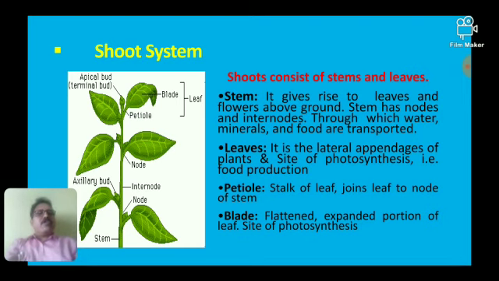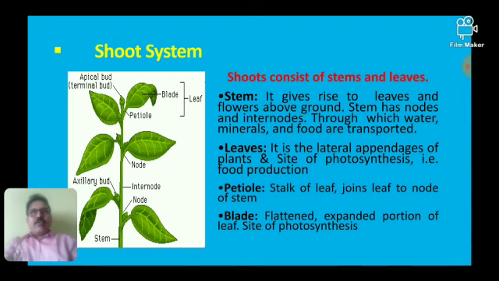They grow by absorbing water and mineral elements from the root, which are transported to the above ground part, into the different parts of the aerial shoots. So leaves are the lateral appendages.